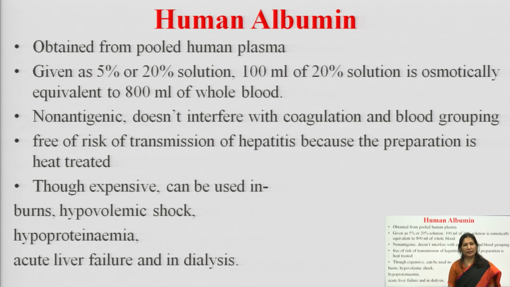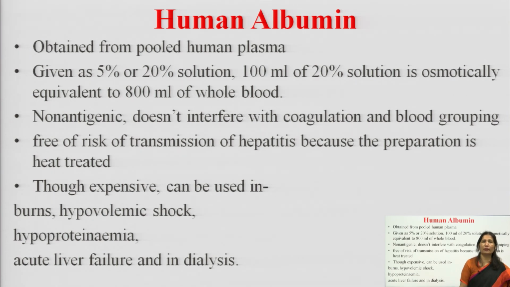It is non-antigenic, does not interfere with coagulation and blood grouping, and is free of the risk of transmission of hepatitis because the preparation is heat treated. Though expensive, it is quite an effective colloid, and it can be used in burns, hypovolemic shock, hypoproteinemia, acute liver failure, and in dialysis.